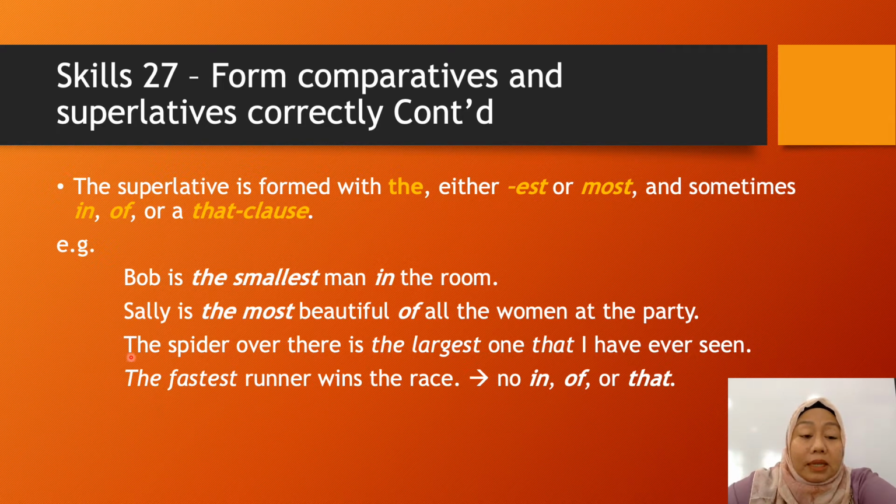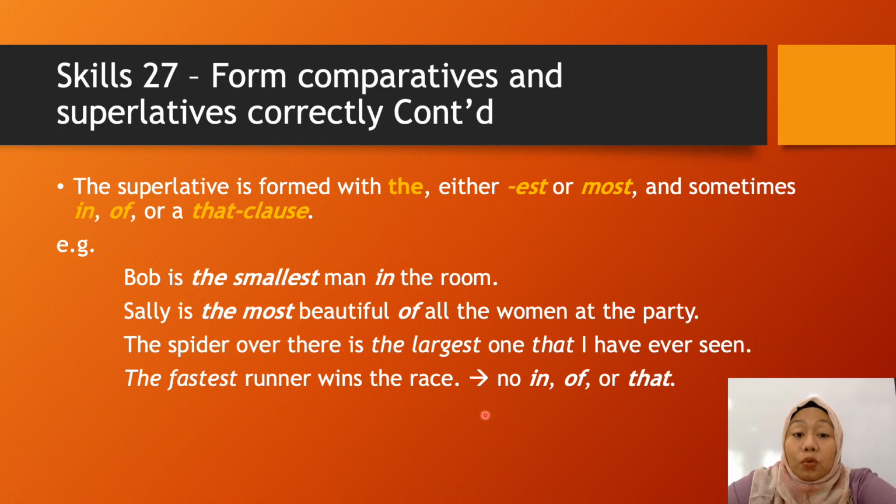Another example is the spider over there is the largest one that I have ever seen. So this is the one with that clause. Yeah, the largest one, which refers to the spider that I have ever seen. All right, and then the last example is the fastest runner wins the race.